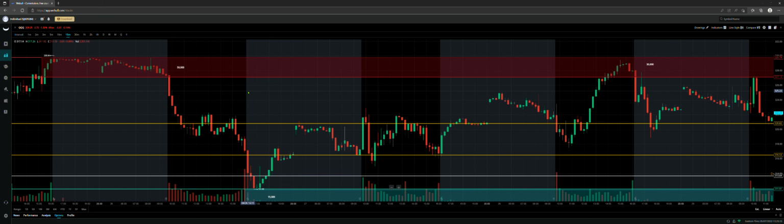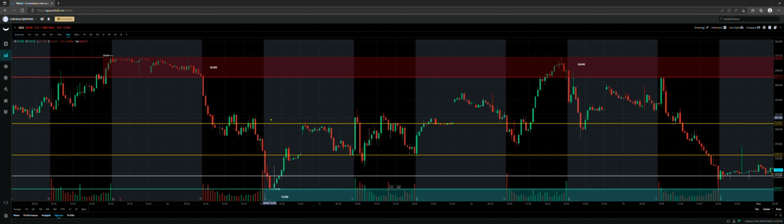Okay, what is the point of drawing these zones? Well, the point is that it helps you establish a baseline for your trading plan. And that baseline is you're trying to extract three values before you enter any trade. Any trade, you need to establish these three values: your entry price, your stop loss price, and your target price.